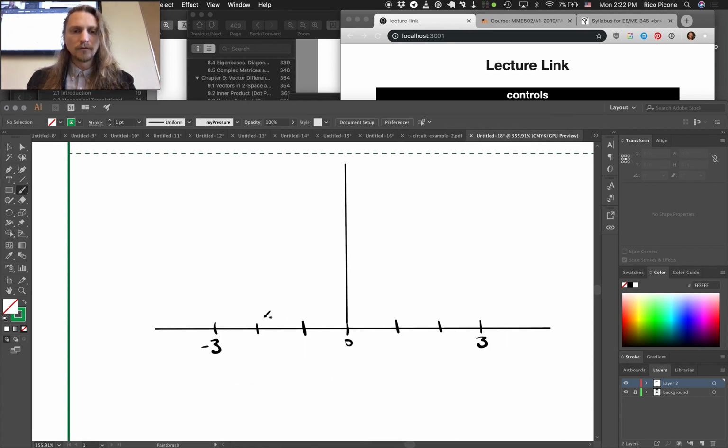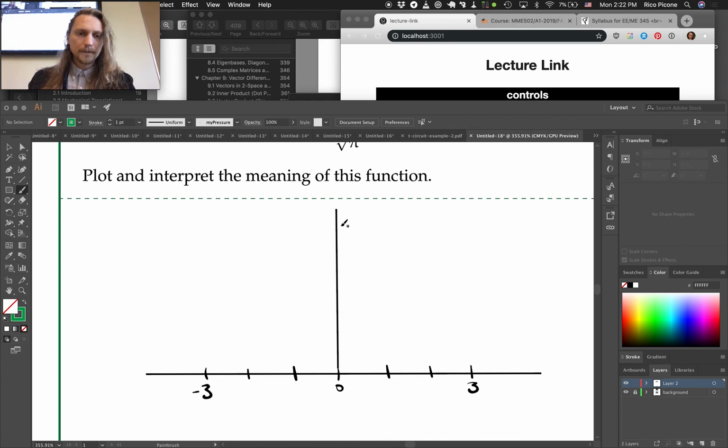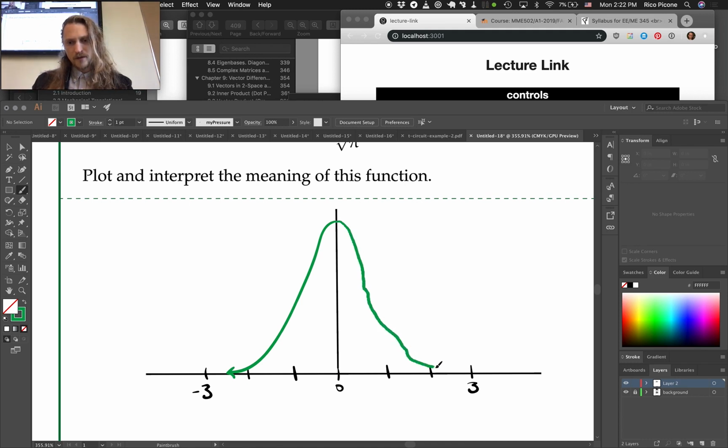Okay, so this is what we'll call a bell-shaped curve that asymptotically approaches zero. It's symmetric, despite all attempts for me to draw it otherwise.